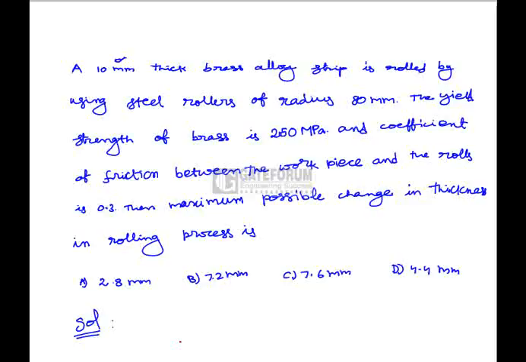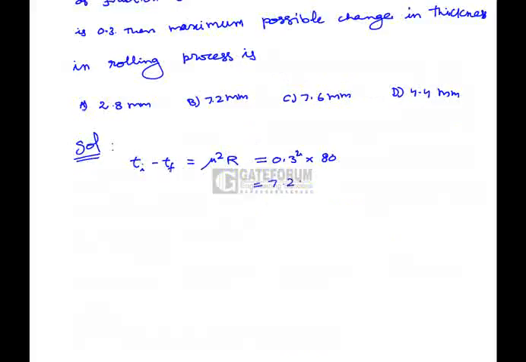The maximum possible change in thickness is given by initial thickness minus final thickness equal to μ² R, where R is the radius of the rolls. Here μ is 0.3, the coefficient of friction, and R is 80 mm, so 0.09 × 80 = 7.2 mm. The right answer is 7.2 mm, and the correct option is B.